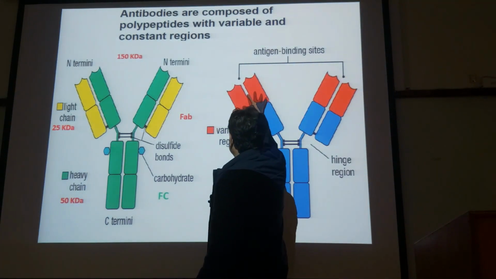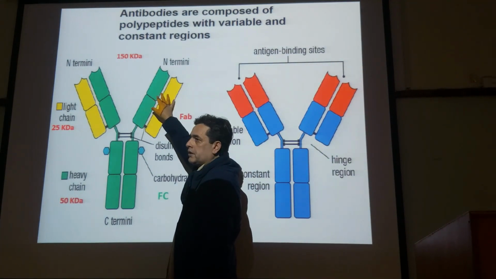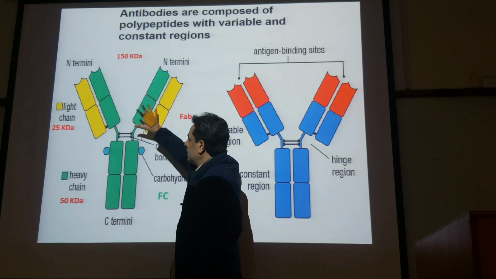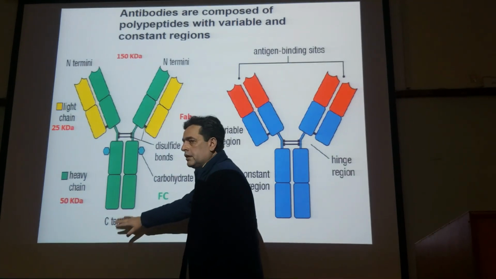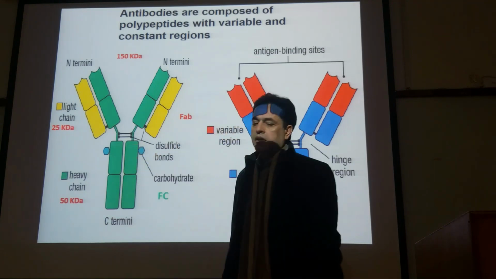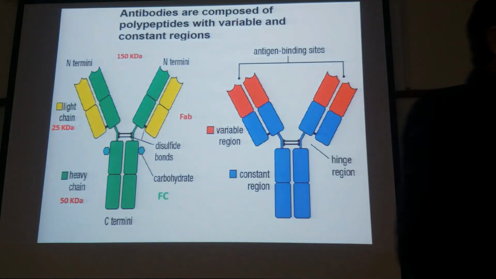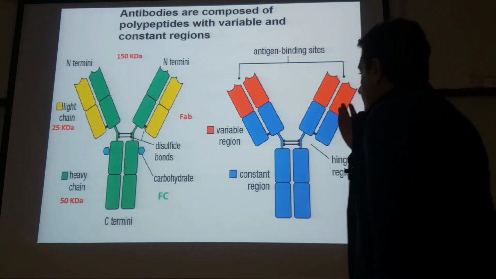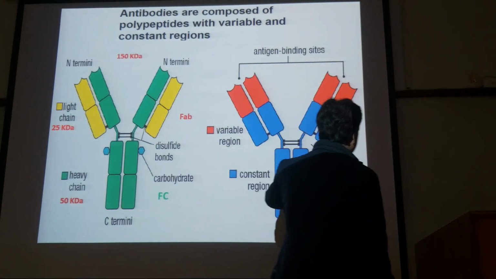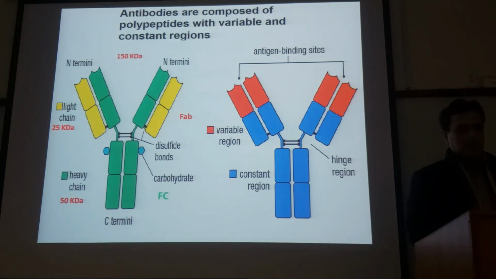The antigen binding site is at the amino terminus, or the N terminus, of this antibody, while the carboxy terminus is a relatively conserved region, or the constant region. And the total size of the antibody is 150 kDa with these different regions that you see here.